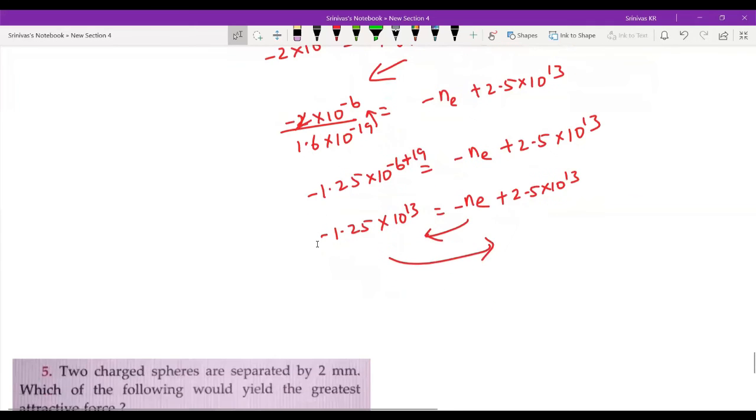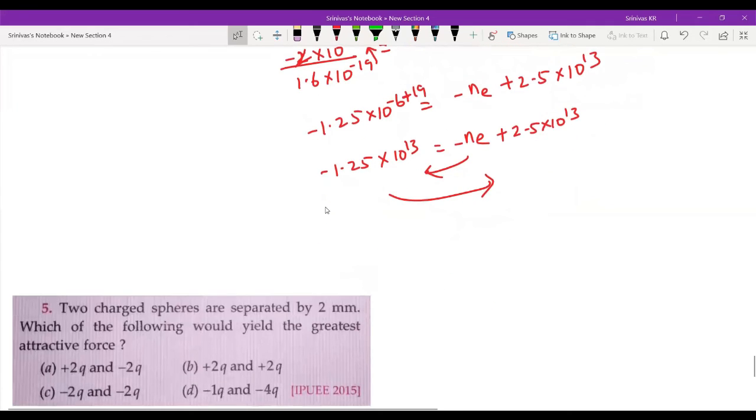If I send this side to that side, I get ne is equal to 1.25 plus 2.5 into 10 to the power of 13, because I have taken 10 to the power of 13 common. So I get 3.75. So ne is equal to 3.75 into 10 to the power of 13.